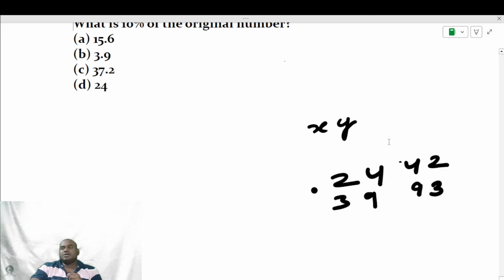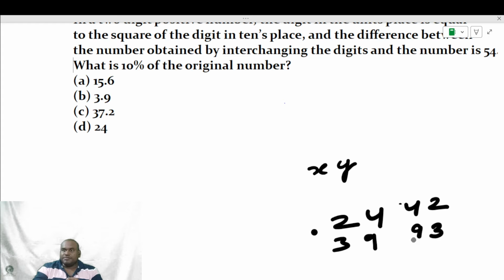So after interchanging, if I subtract 24 from 42, it won't be 54. The same way, when I subtract 39 from 93, it will become 54. So the possibility is only 39.